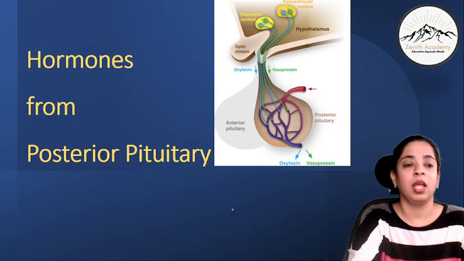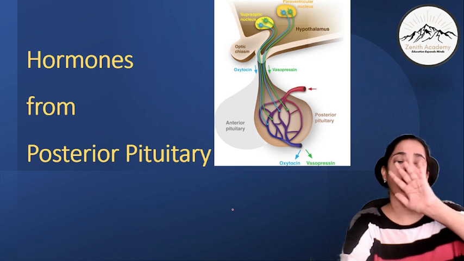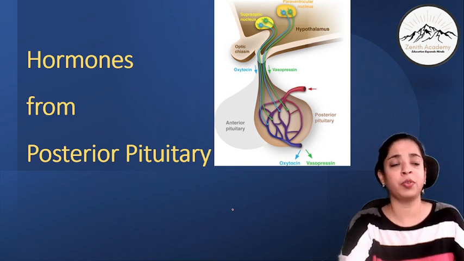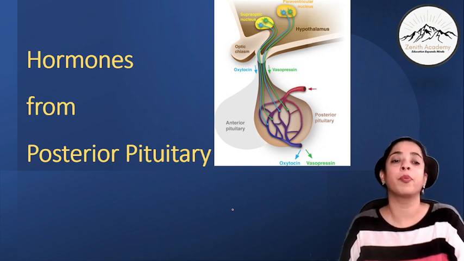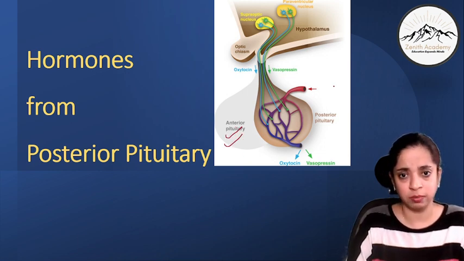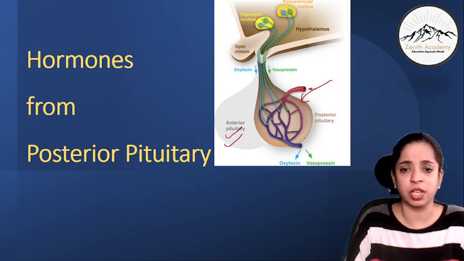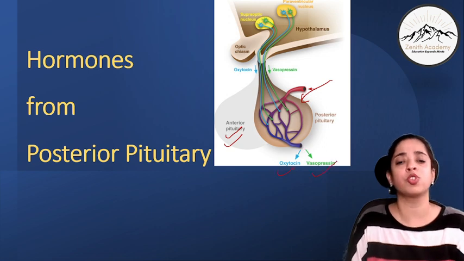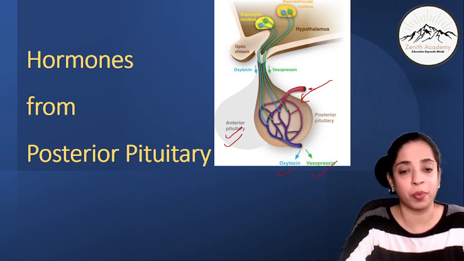Now we have studied the hormones from anterior pituitary. Now we'll talk about hormones from posterior pituitary. Posterior releases only two hormones, oxytocin and vasopressin.